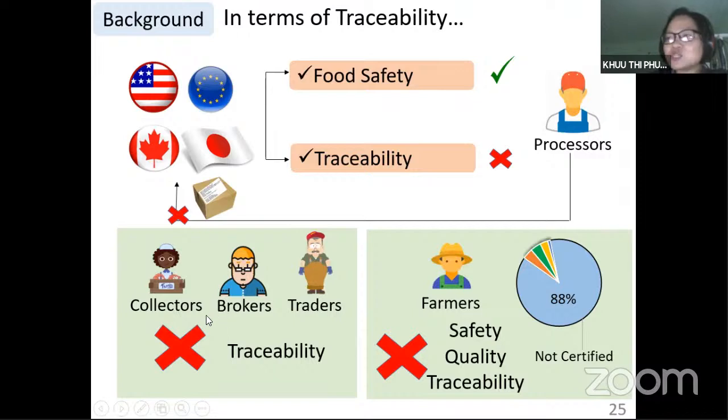And the situation now on the local side, you can see collectors, brokers, traders, they don't apply traceability because their activity is very small scale. And the farmers, they don't have safety regulation, they don't apply traceability as well. That's why, from the local side, our traceability is skipped.